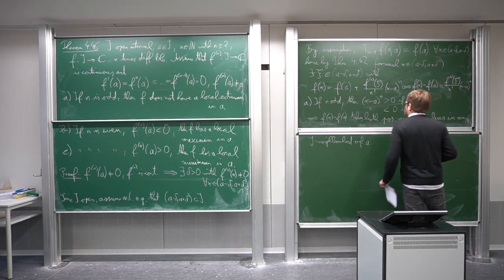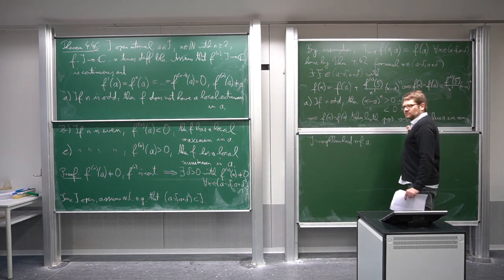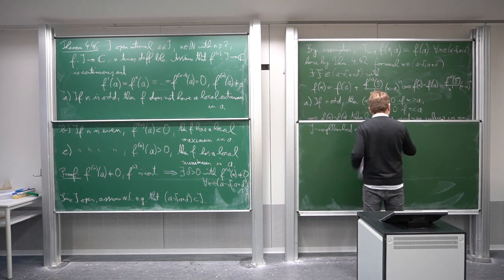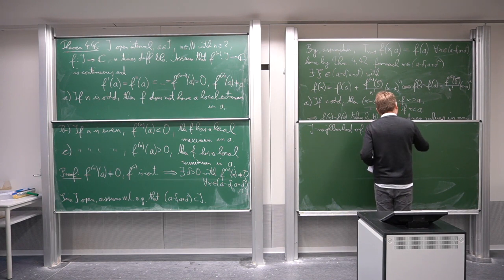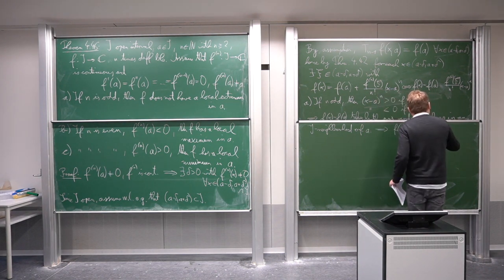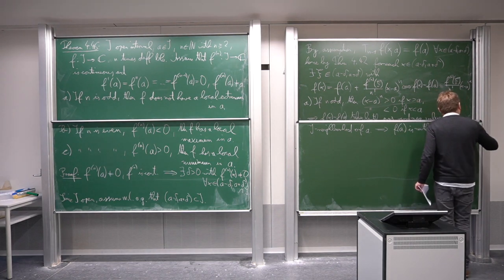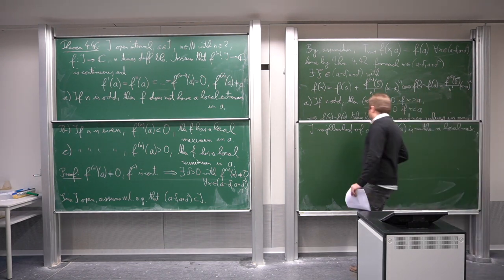And this means that f of a is not a local extremum, because we have both smaller and bigger points in every neighborhood. So this means f of a is neither a local maximum nor a local minimum of f.